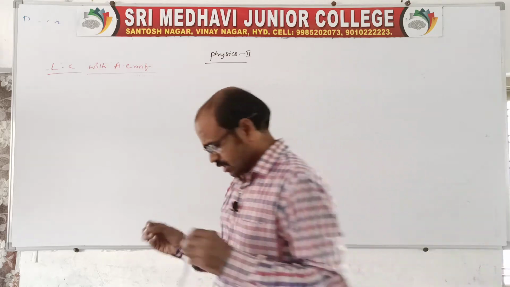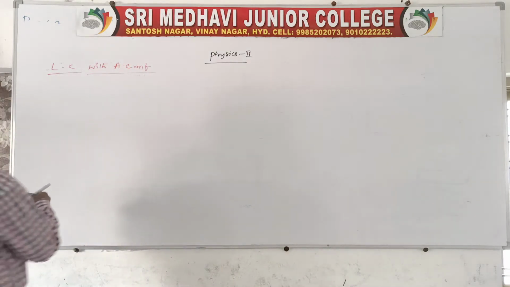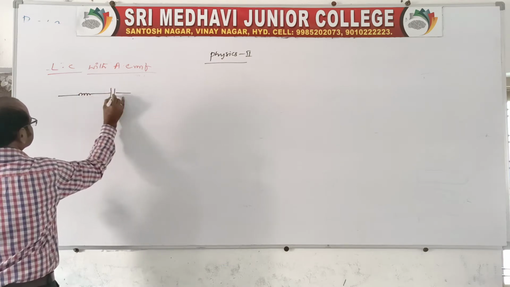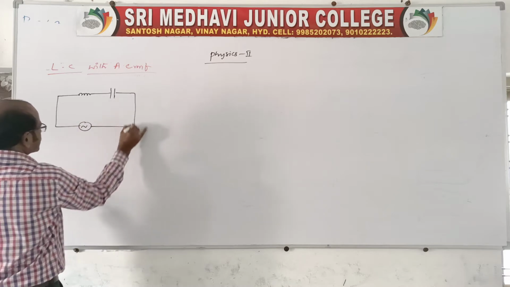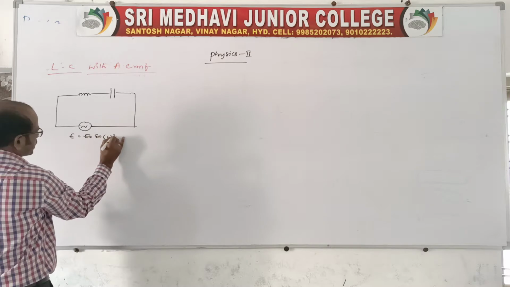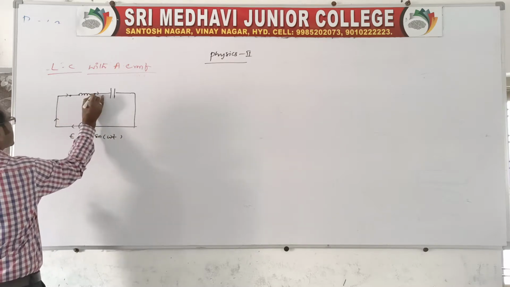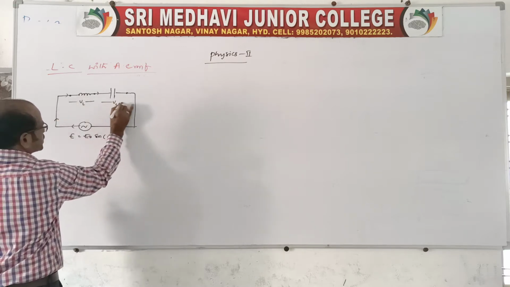Now I will show you the diagram for this LC circuit, which is given like this. First take L, then C, connected to the alternator, that is E equal to E naught sin omega t. There will be a current flow, and the potential difference for the inductive circuit is VL and for the capacitive circuit is VC.